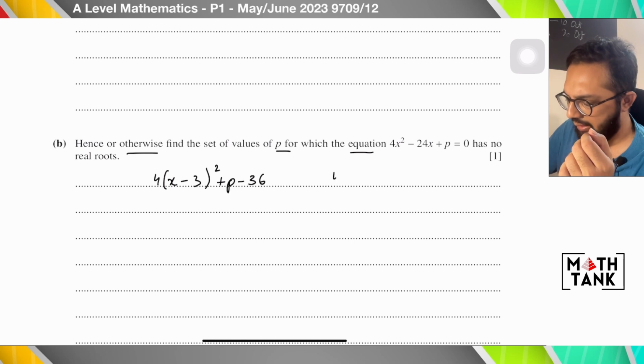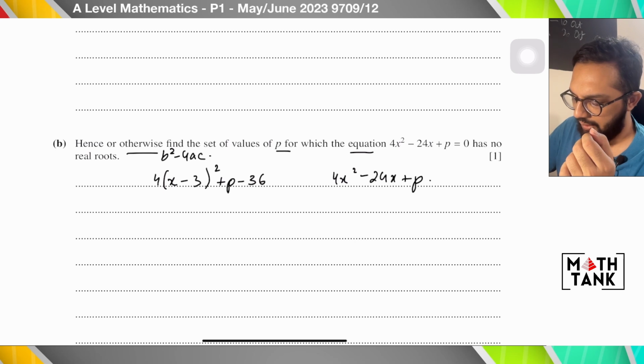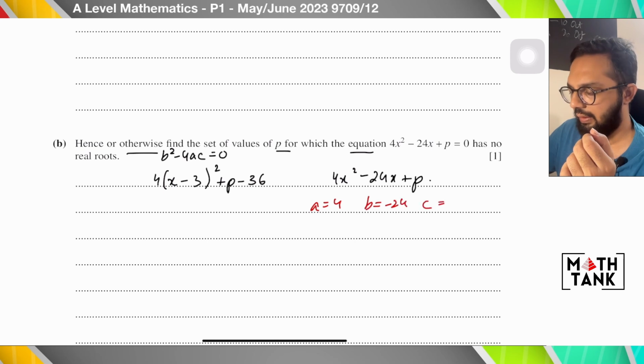I can say that if I have this original equation and this has no real roots, then my b square minus 4ac should be less than 0. A is 4, b is minus 24, and c is p.